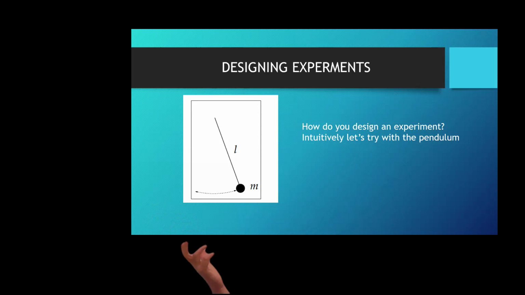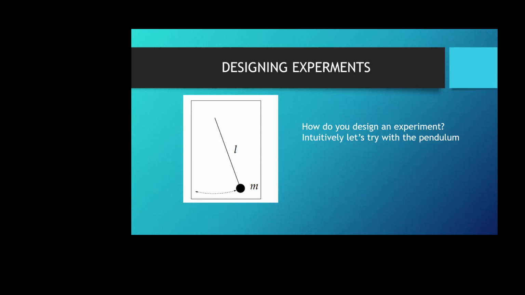For example, I could fix the mass, I could fix everything else, the pressure of the air, whatever, and I increase the length. And then I analyze what happens if I duplicate the length, triplicate the length, quadruplicate the length, and I analyze the oscillation period. That's one experiment. Second experiment, I fix the length and I change the mass. If I duplicate the mass, triplicate the mass, or make it smaller, what happens? And this is how you start to guess what happens.